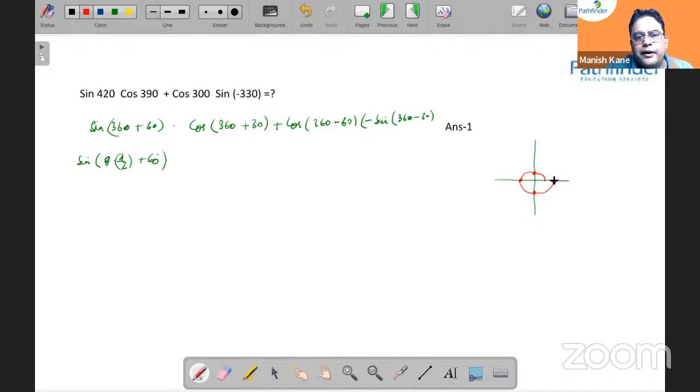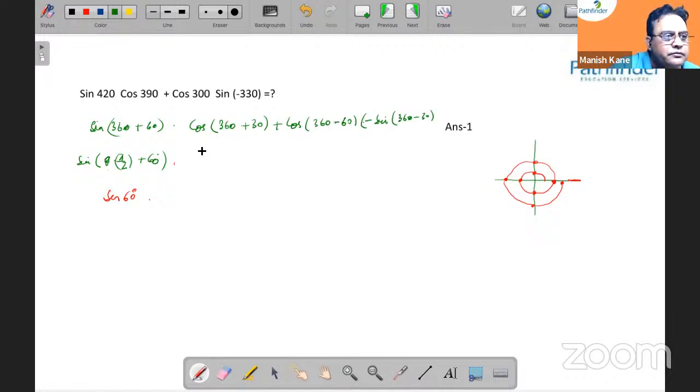This point is 4 pi by 2. 5, 6 pi by 2, 7 pi by 2, and 8 pi by 2. So this line is 8 pi by 2, and plus something will give me an angle in the first quadrant itself. In the first quadrant, everything is positive. So I don't need to worry. And because this is 8, it is even. So I will get a sine 60 degree here.